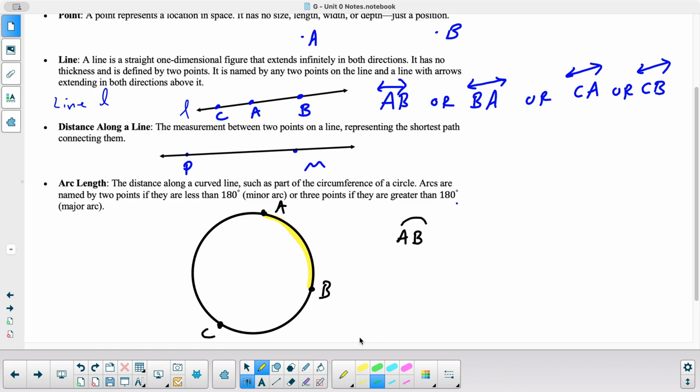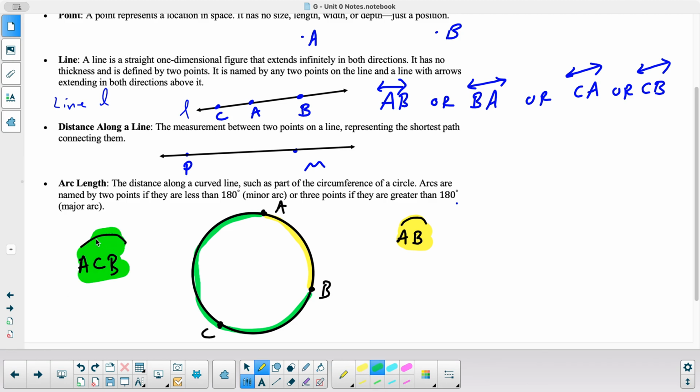Now, some of you might say, well, what about this? I could go from A to B around this way, right? Well, since this is bigger than half a circle, it's greater than 180 degrees. This arc over here, and I'll use colors so you can see this, would be arc ACB. We need a third point right there.